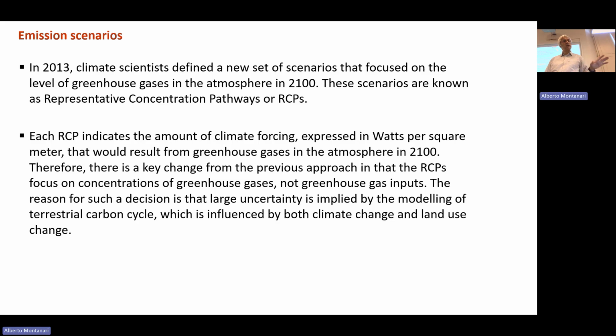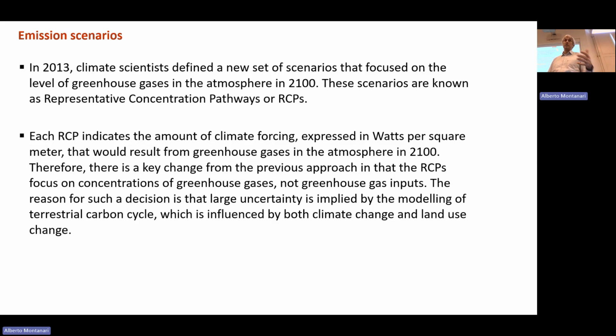Anyway, let's refer to RCPs. You can easily look on Wikipedia for the latest set of emission scenarios. They change continuously because they continuously update the social models predicting future emissions, and this is why they also change the way they are named.